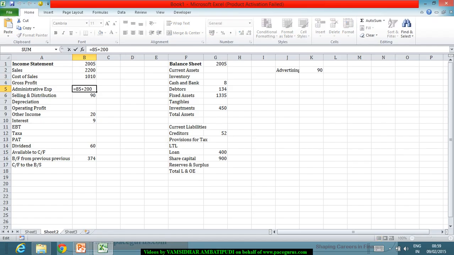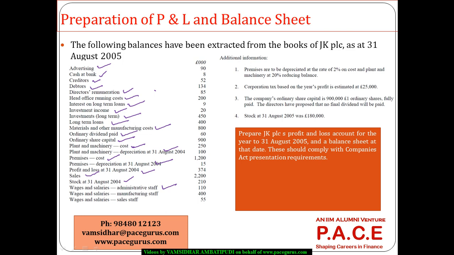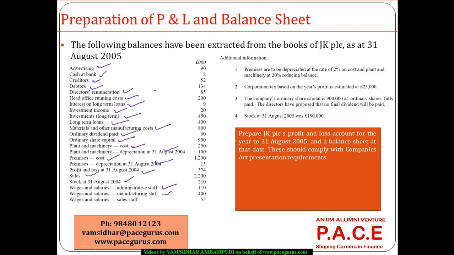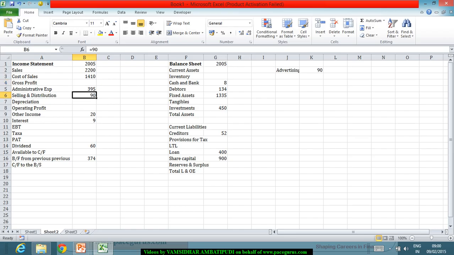I'll add 110 to my administration costs, and then wages and salaries of the manufacturing staff. This can go as a part of the cost of sales. So I'm adding another 400 to the manufacturing, which is the cost of sales, and wages and salaries of the sales staff. I can put it as a part of selling and distribution kind of expenses, wherein I am going to add 55 there, right?